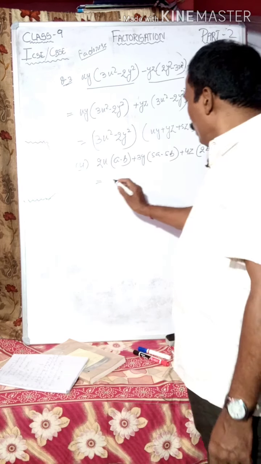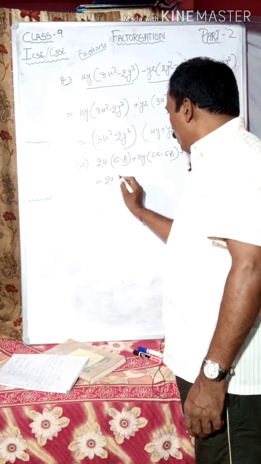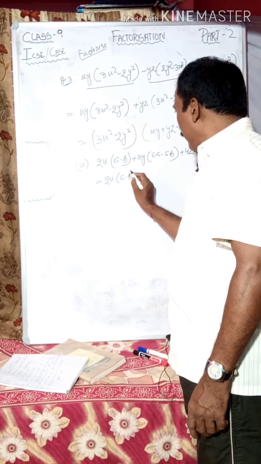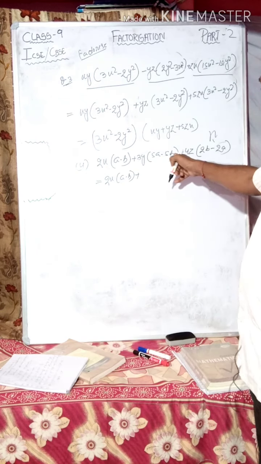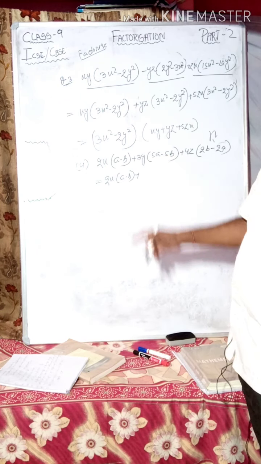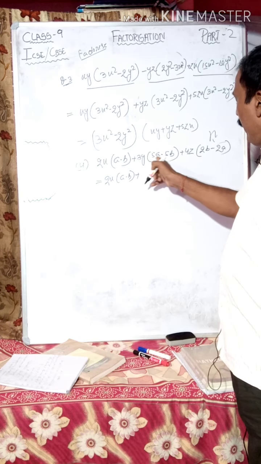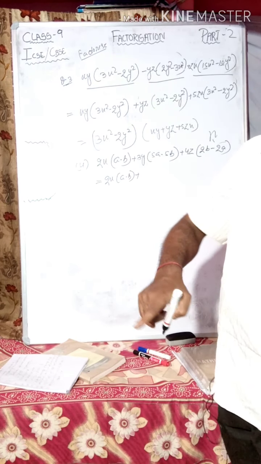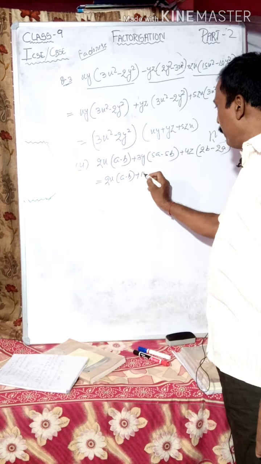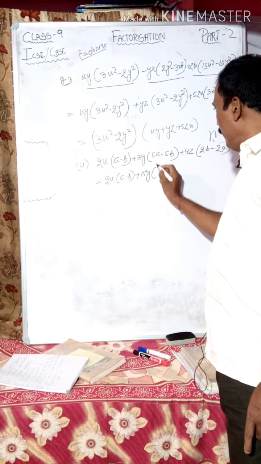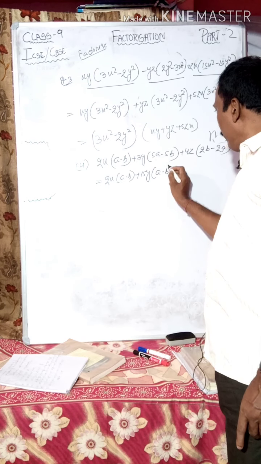Look, 2x whole into a minus b, plus 5a minus 5b. Here 5 will be taken as the common. Here 3 is a factor, 5 is a factor, 5 into 3, 15y whole into a minus b.